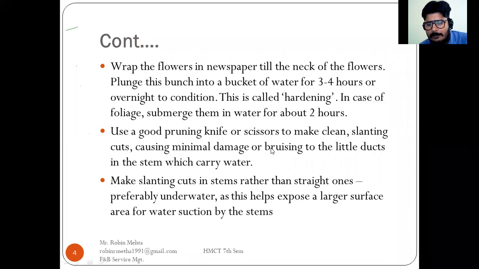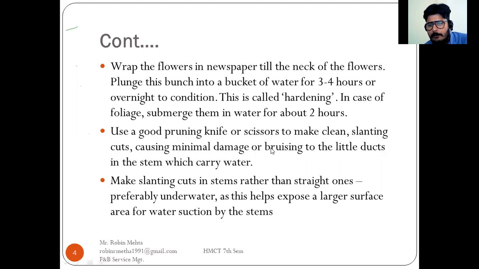The process is taking the plants, wrapping them in newspaper, making a proper bunch of 10 to 20 flowers, wrapping that in newspaper and putting it into the water bucket.